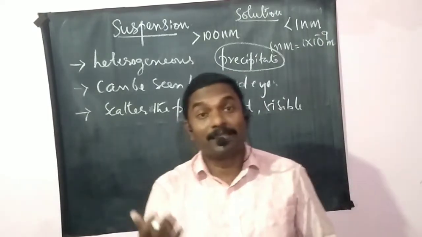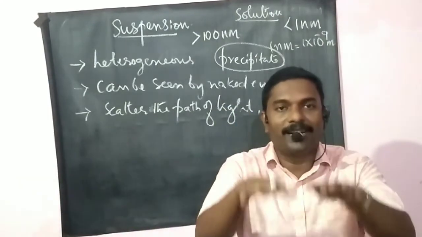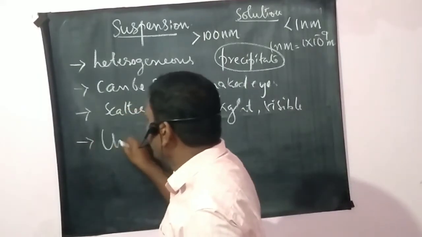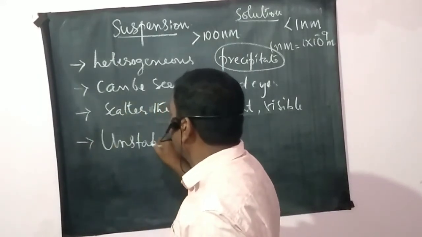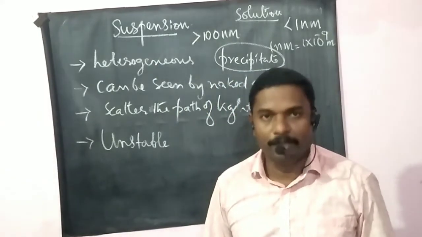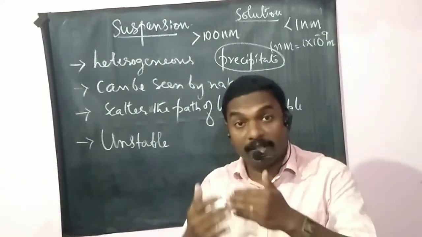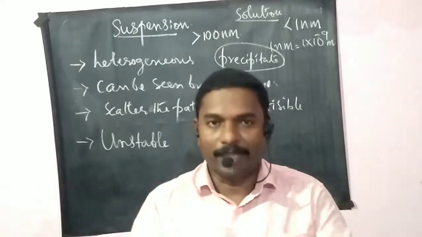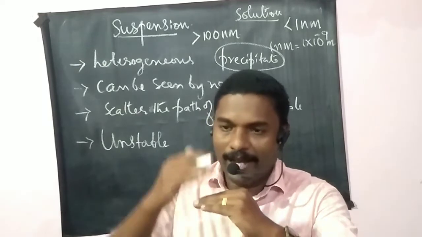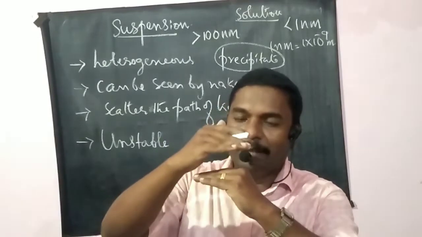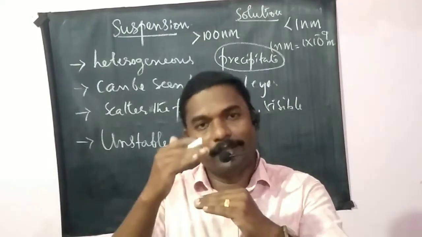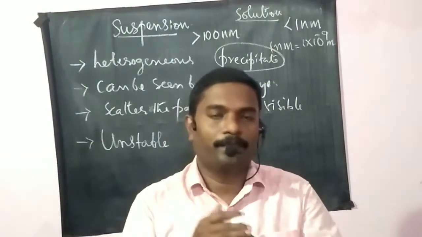That means they will settle down, and hence we can say they are unstable in nature. And after settlement, there are particles under and other particles above them. So, what about their nature? They are heterogeneous in nature.